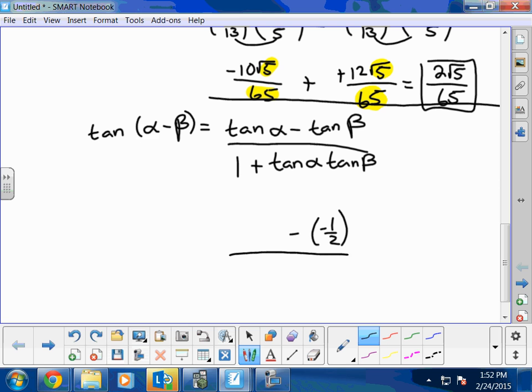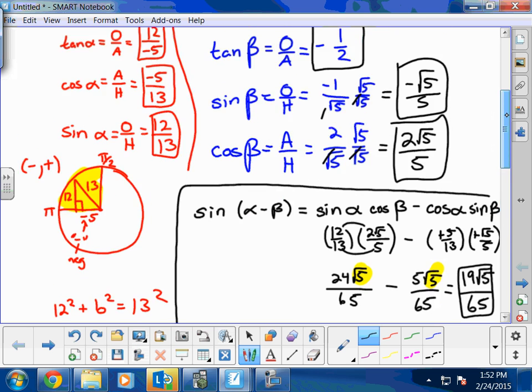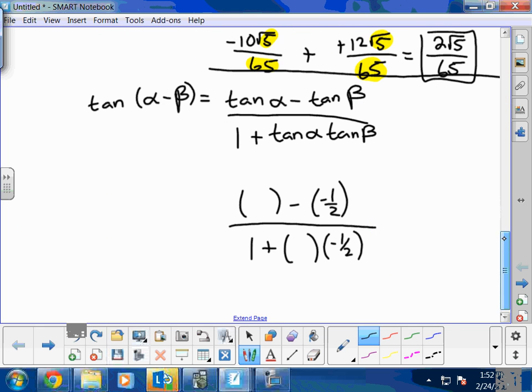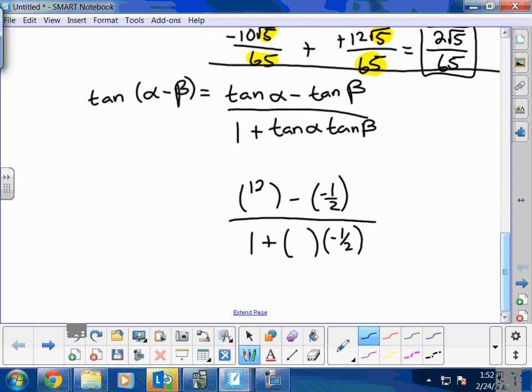And I'm going to have 1 plus negative 1/2. What I'm missing so far is the tan alpha. My tan alpha was 12 divided by negative 5. So 12 divided by, I'll just put the negative somewhere in there.